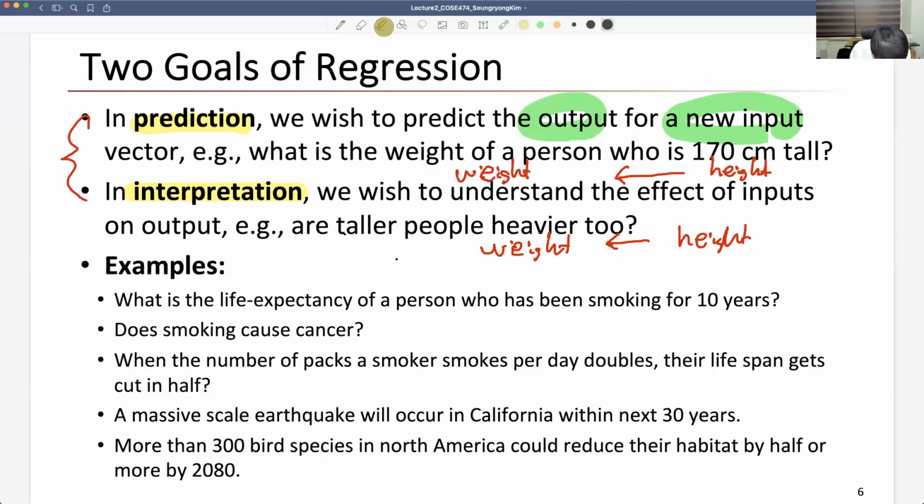Okay, so here are some examples. What is the life expectancy of a person who has been smoking for 10 years? In this case, is it prediction or interpretation? This is the prediction case, right?